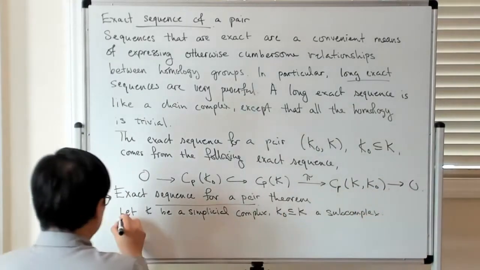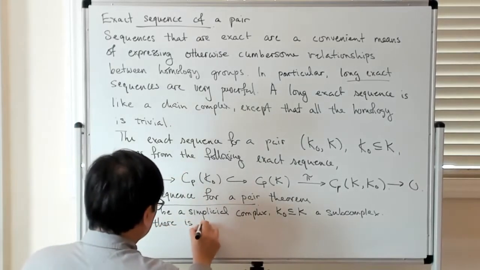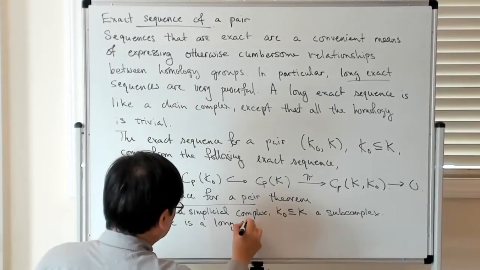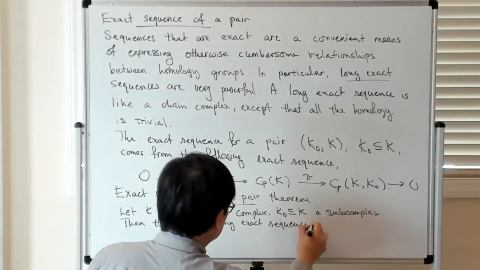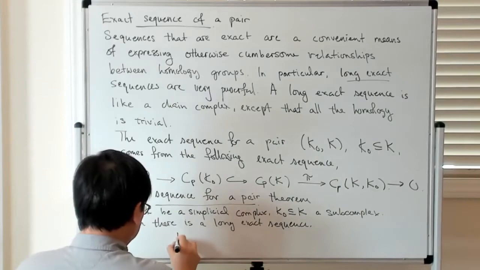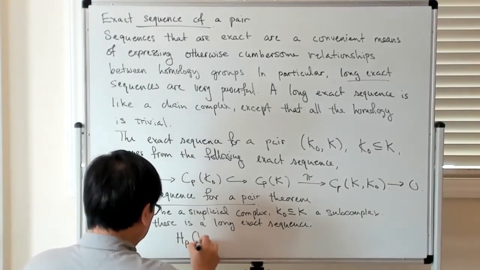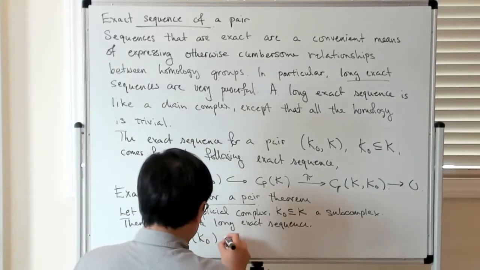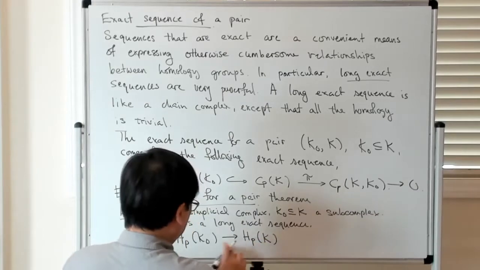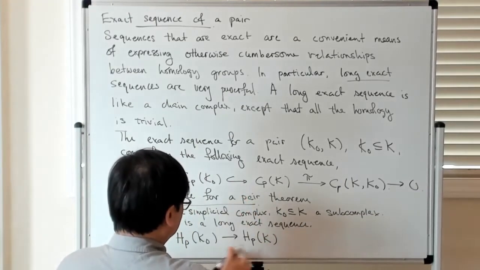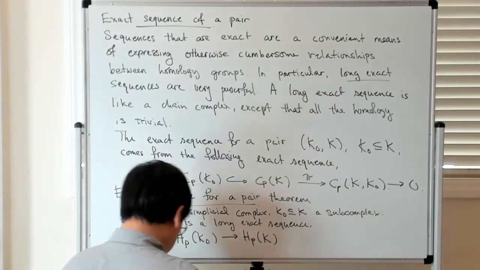Then there is a long exact sequence which is as follows: you take the homology group of K0, which maps to the homology group of K via a map induced by the chain map coming from inclusion.